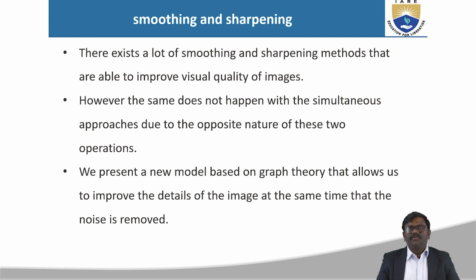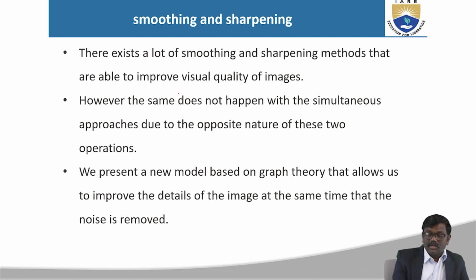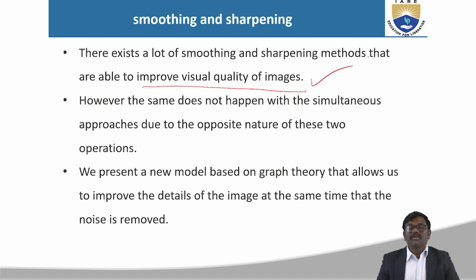So that means there are a lot of smoothing and sharpening methods that are able to improve the visual quality of the images without losing any image information. What we have to understand is, if you apply a pre-processing technique, whether the sharpening technique or the smoothing technique, at the pre-processing level of your image processing, it won't lose any information.